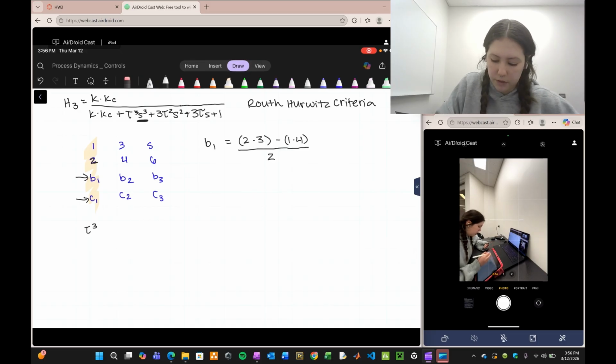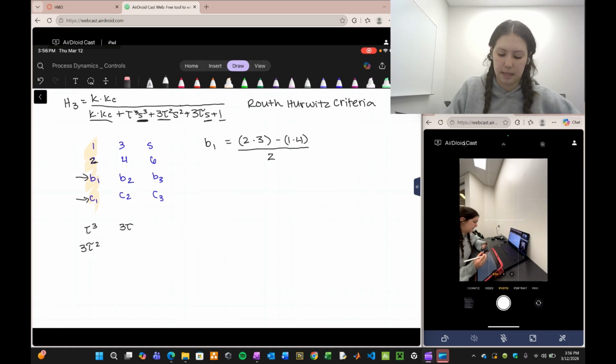So the coefficient of s squared is 3 tau squared. So that will be this spot in the table. And then our third highest is s, which has a coefficient of 3 tau. And then fourth is 1 plus kc times k.